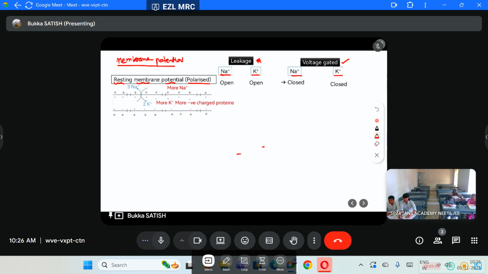What is the condition of the various channels? You must see the Na plus K plus pump is operative. It is already transporting Na plus and K plus in opposite directions. There are more K plus and negatively charged proteins inside, more Na plus outside. Coming to the channels, voltage gated channels are still closed only. At that time, what you see is the resting membrane potential. That's the first condition.